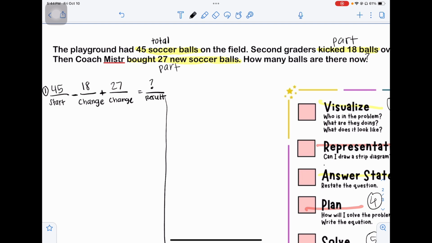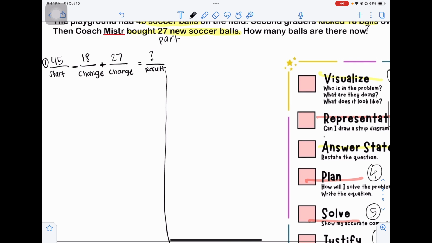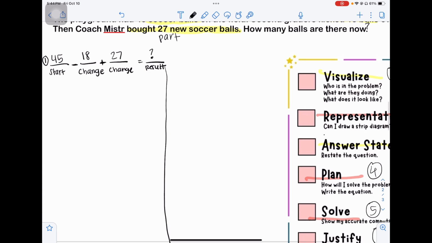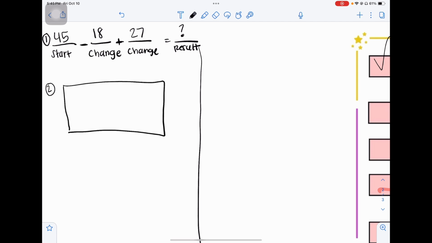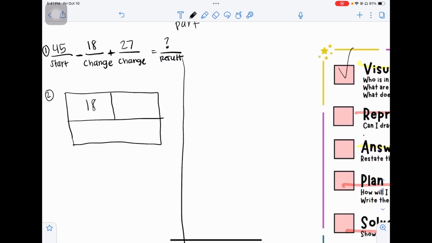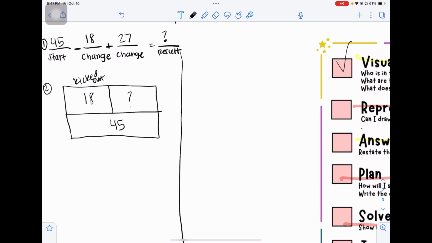Okay, so our visualization piece is done. We're going to check that off. Now we're going to representation. Remember, in representation, we're going to have 2 different representations. So we're going to draw our part-whole strip diagram. So 18 kicked out. Okay, and we want to know what is left, and we're starting with 45, so that's actually going to go in our total.